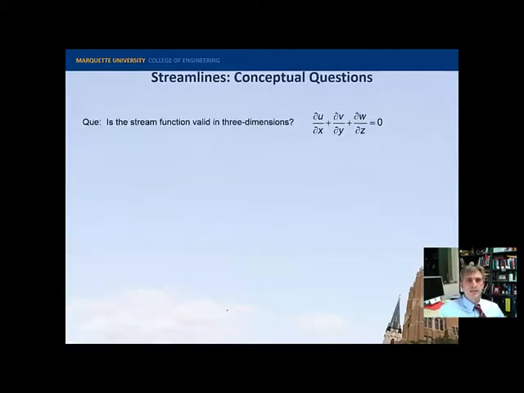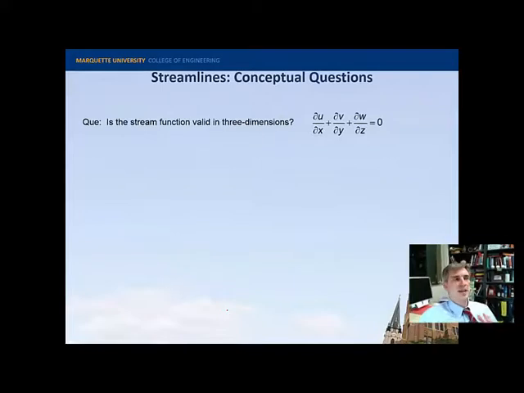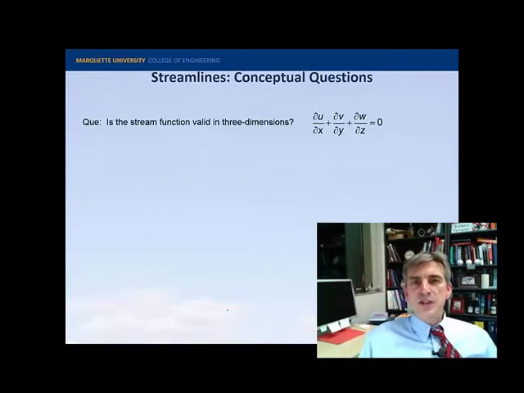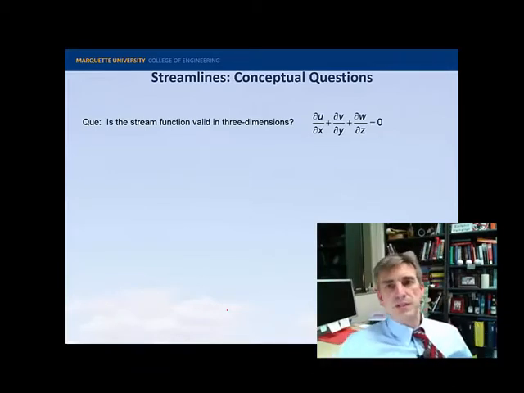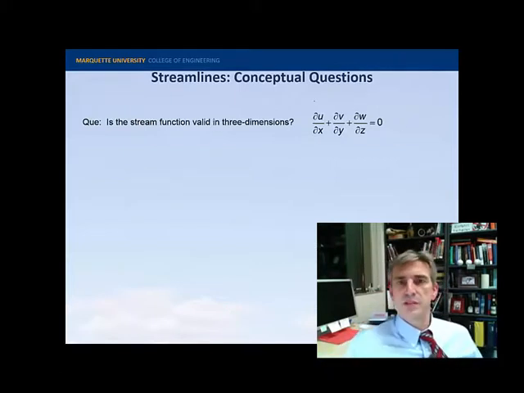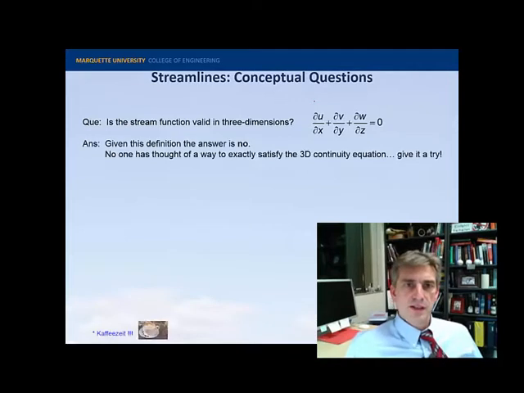All right, let's think about some concepts of what it means to be a stream function, what it means to be everywhere tangent to the local velocity field. Is the stream function valid in 3 dimensions? Here is our incompressible version of the stream function. The answer is no. I would leave it up to you to give it a try.